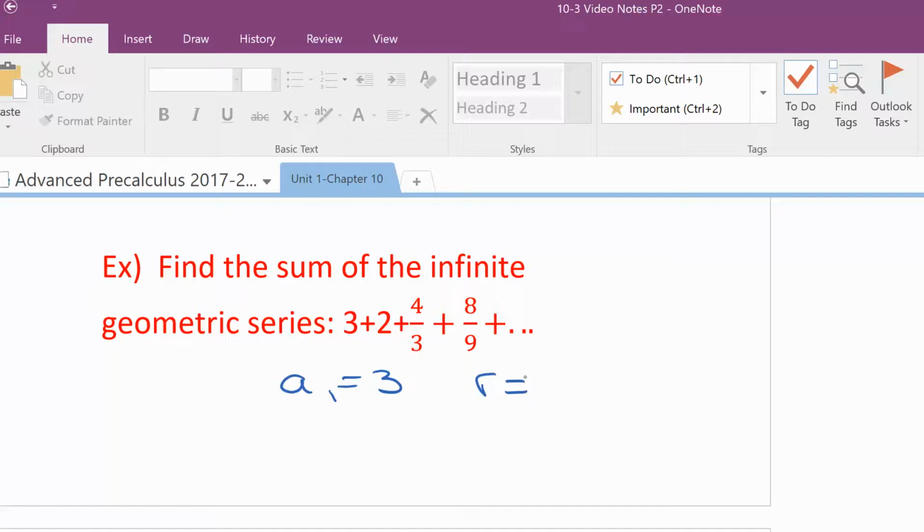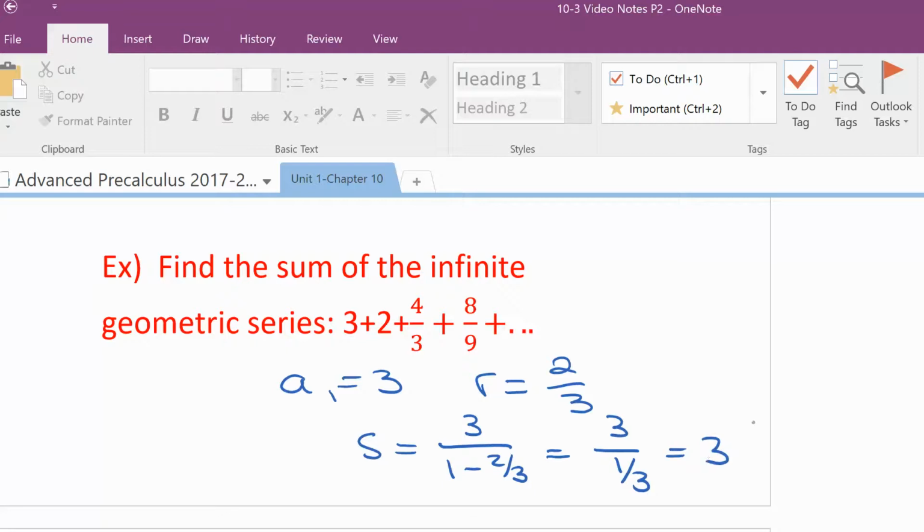The ratio is 2 over 3. And that is between -1 and 1, so therefore you can find it. So the sum is going to be 3 over (1 minus 2/3). So it's 3 over 1/3, which is 3 times 3, which is 9.